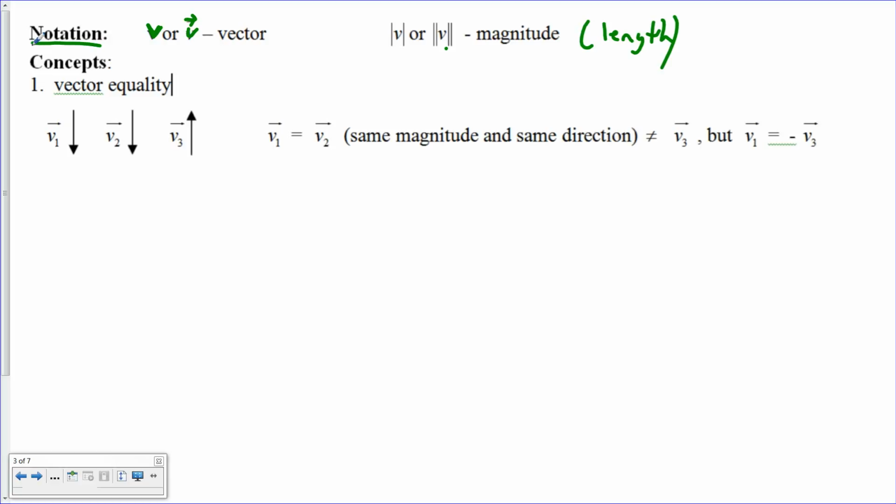Vector 1 and vector 2 are equal because they have the same length and the same direction, like this pen. You can take this pen and move it around anywhere. They're all going to be equal vectors. Same length, same direction. But if you switch the head and tail around, then all of a sudden this vector is not equal to this one. They're actually opposites. One is negative, the other one, which is right here.